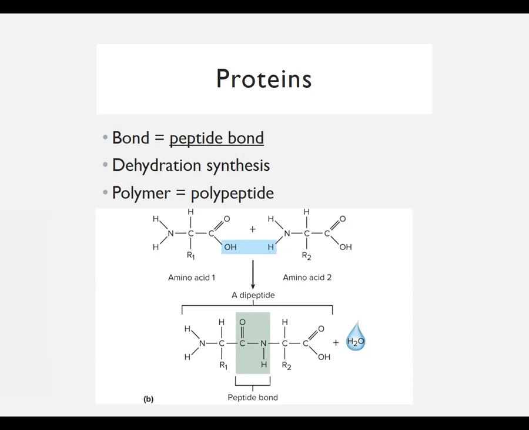So here you can see one amino acid, another amino acid, you add them together through a peptide bond, and you get what they call a dipeptide. You don't really need to know that, but dipeptide is only two, and the polymer is called a polypeptide, a long string of amino acids.